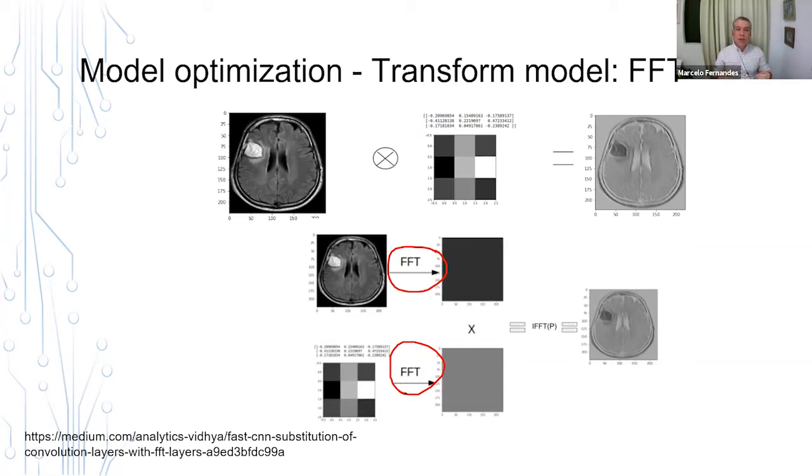But when you transform the signal to the frequency domain, the convolution is just a multiplication. And you can reduce the number of operations if you transform the information to the frequency domain. Of course, you spend time to make this transformation, but in some cases you have more advantage if you transform your information to the frequency domain.